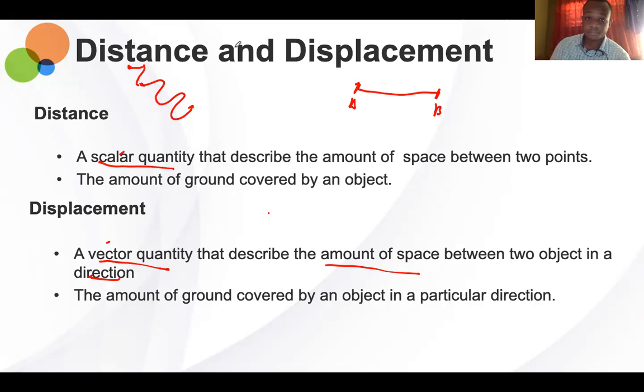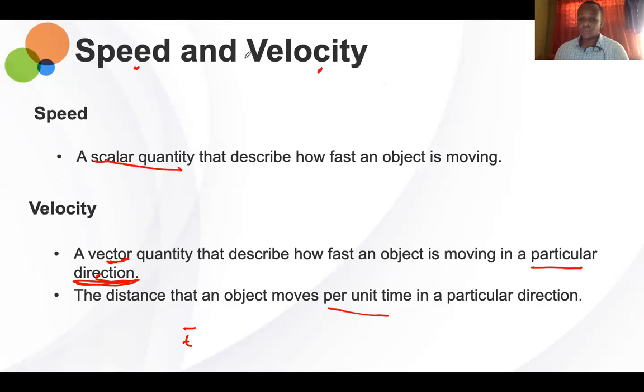All right, so we can move on now to describing the movement of objects in a particular direction. We have the first one, speed, which is a scalar quantity, and it describes how fast an object is moving. So if an object has a higher speed, it will be moving faster.